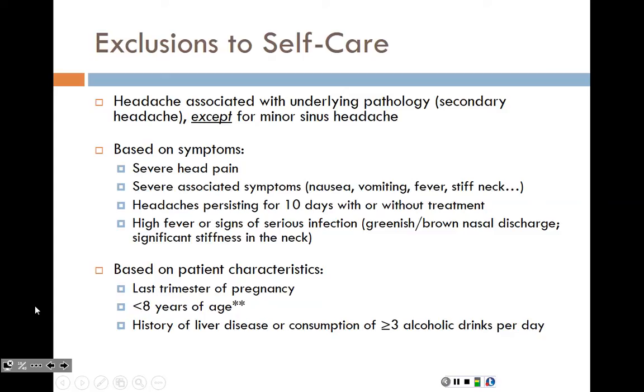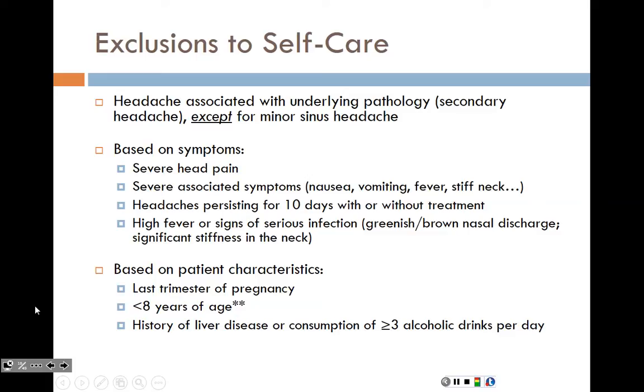Based on their symptoms, patients complain of the worst headache I've ever felt. It's an exclusion. If it's severe, anytime symptoms are severe, we don't use over-the-counter products. It just makes sense. Somebody needs to evaluate that. If they have severe associated symptoms, so they're complaining of nausea, vomiting, fever, stiff neck, what are we thinking about?